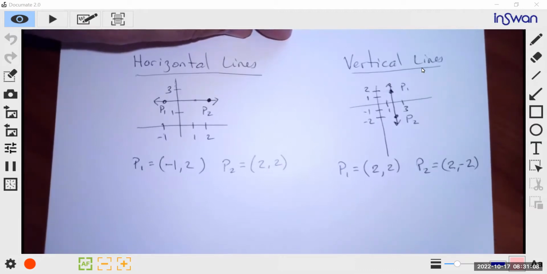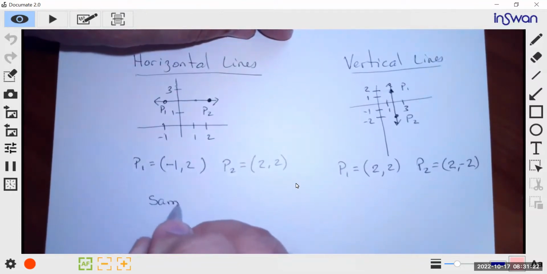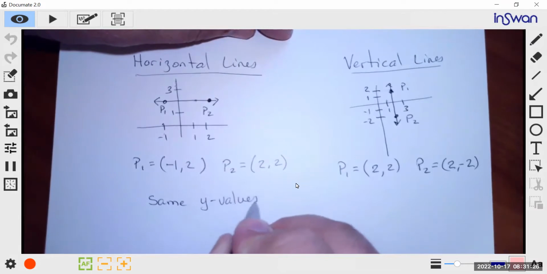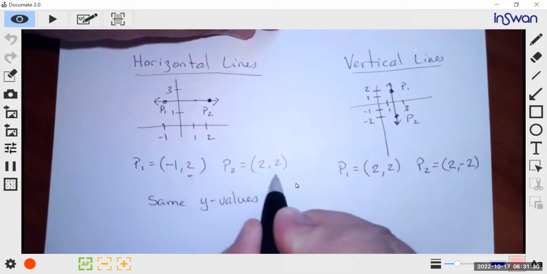Do they have anything the same? What value is that? Horizontal lines have the same y values.